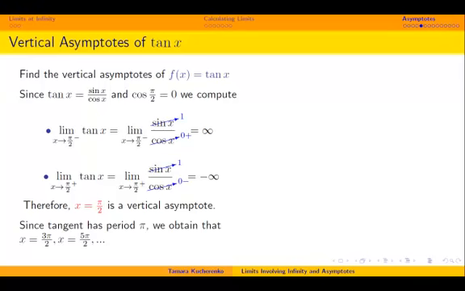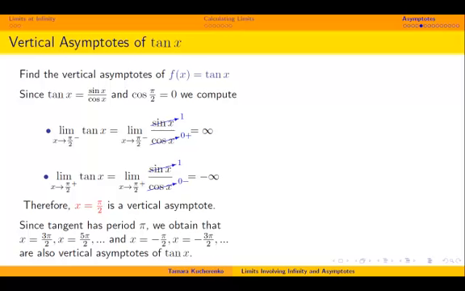Since tangent has period pi, we can obtain other vertical asymptotes by adding pi to pi over 2 or subtracting pi from pi over 2.